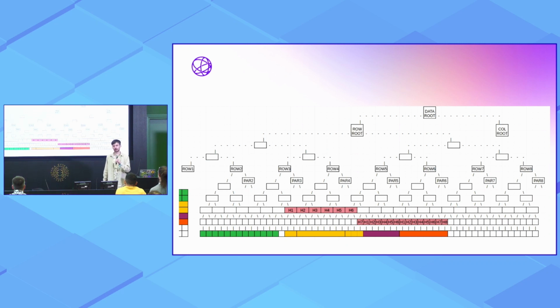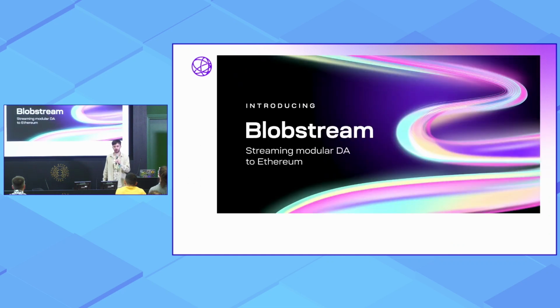And we relay this onto different chains, notably Ethereum. So Ethereum has all the Celestia blocks' signed data roots as part of its state, and we call this the Blobstream bridge.